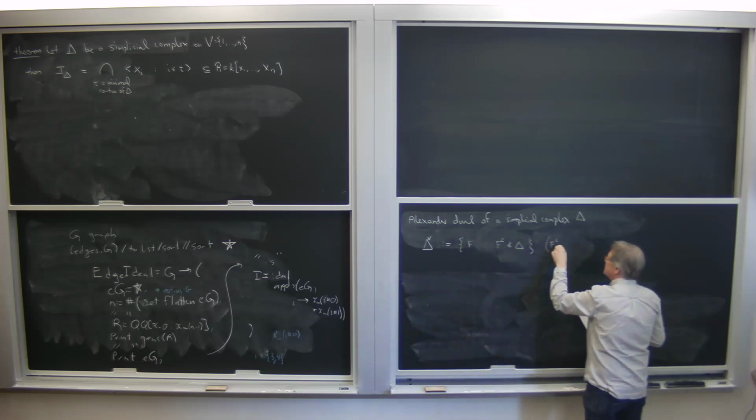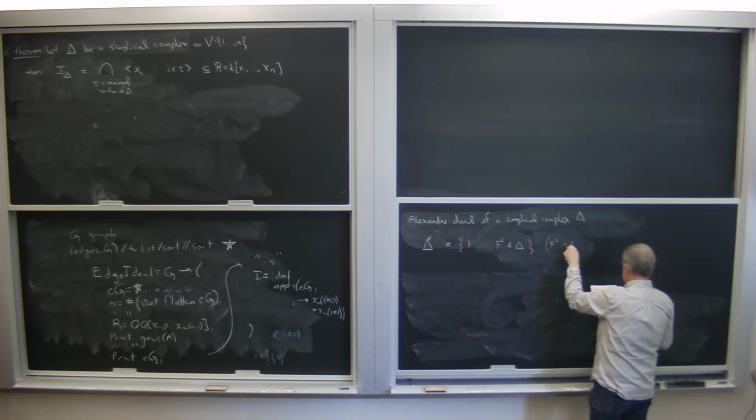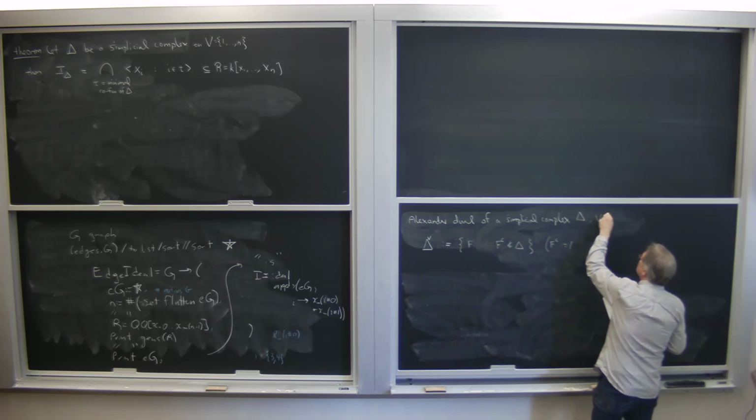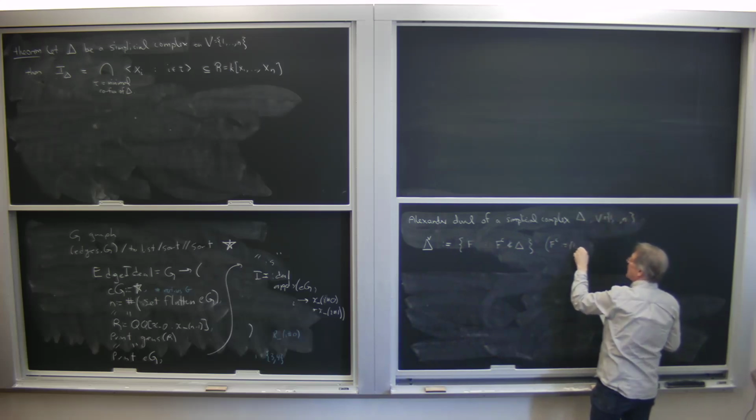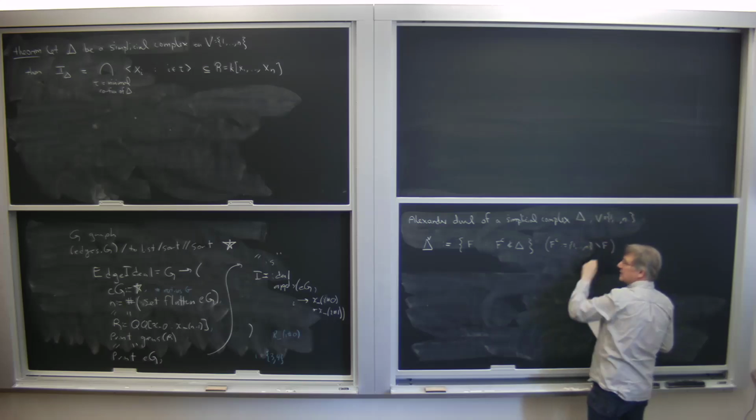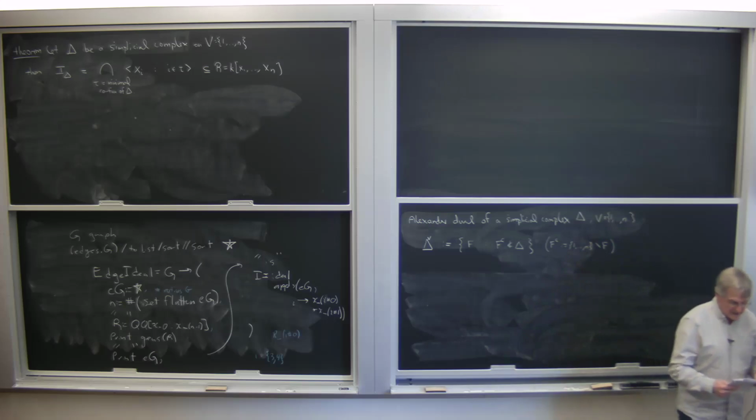Here F complement is of course just the set 1 to n minus F.